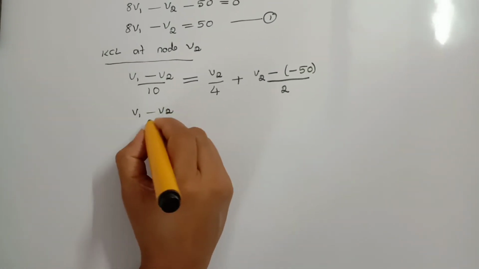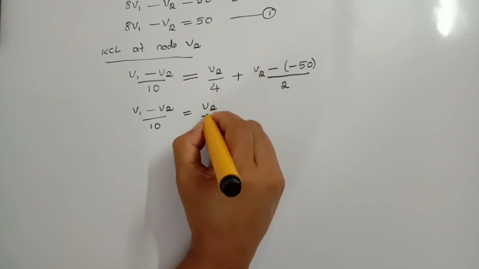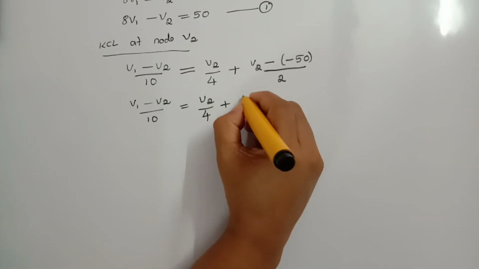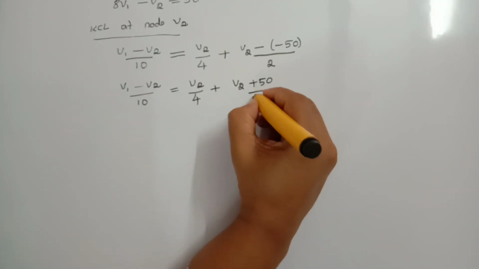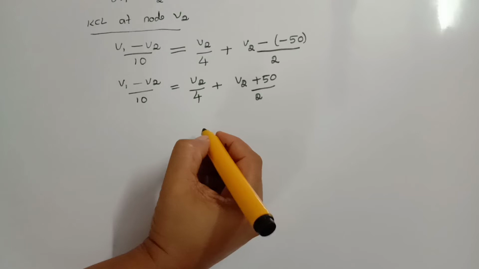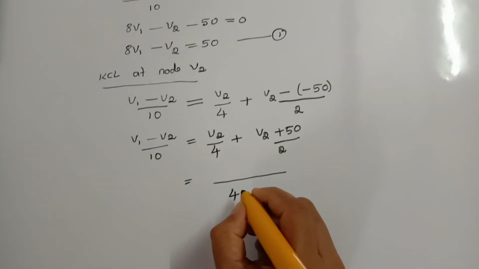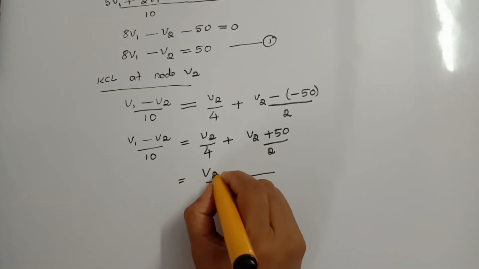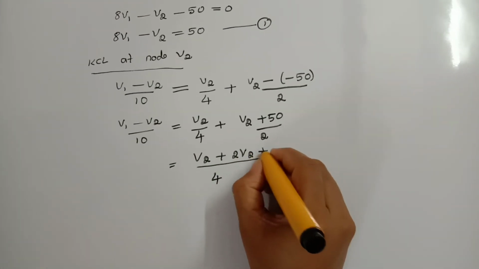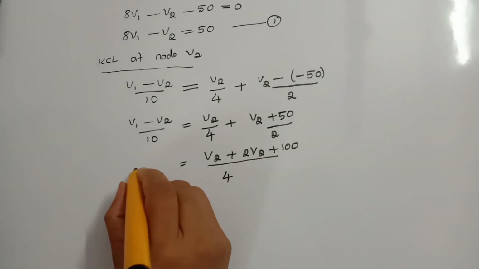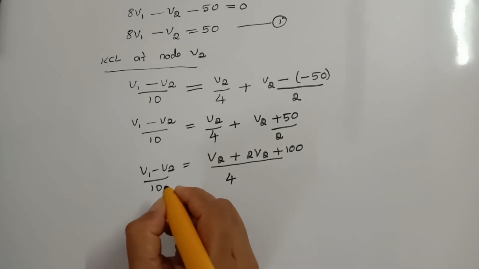Now we'll simplify this. (V1 minus V2)/10 is equal to V2/4 plus (V2 plus 50)/2. Now we'll take the common denominator. V2 plus 2V2 plus 100. On the LHS we have (V1 minus V2)/10.